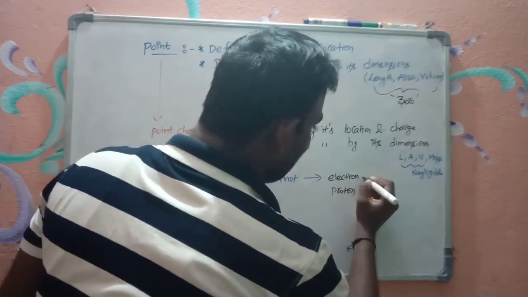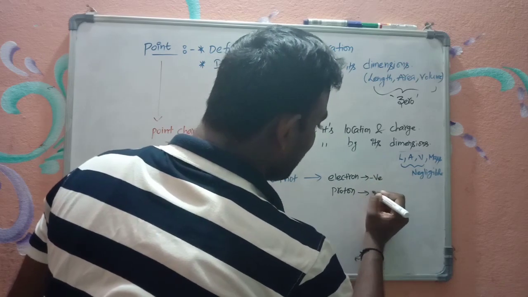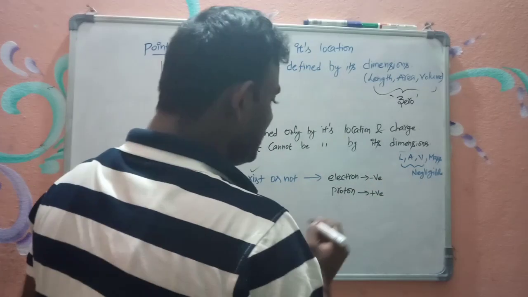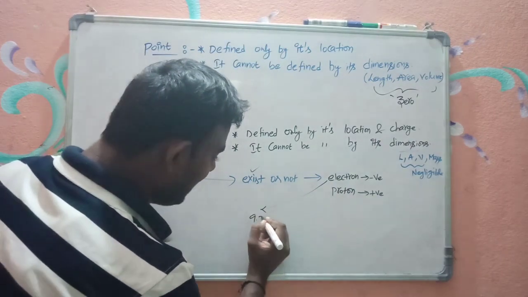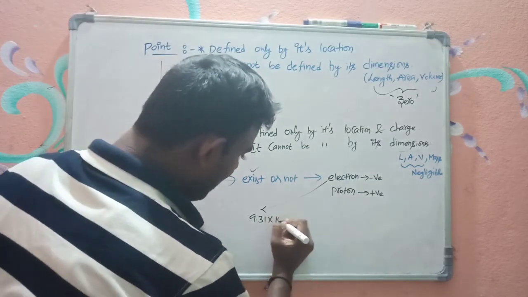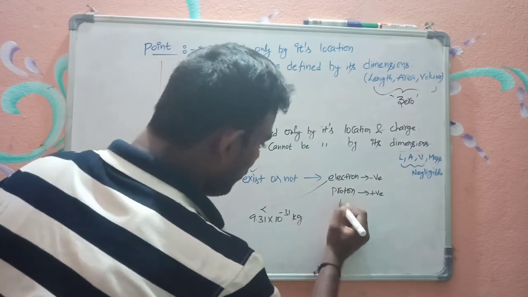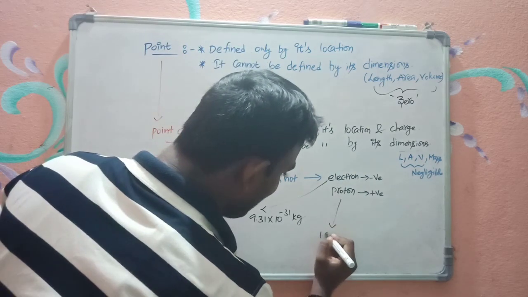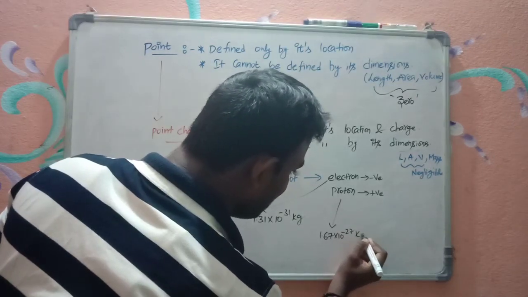We know that the electron has negative charge and the proton has positive charge. Now, what is the mass of the electron? It is 9.31 times 10 power minus 31 kg. Similarly, what is the mass of the proton? It is 1.67 times 10 power minus 27 kg.